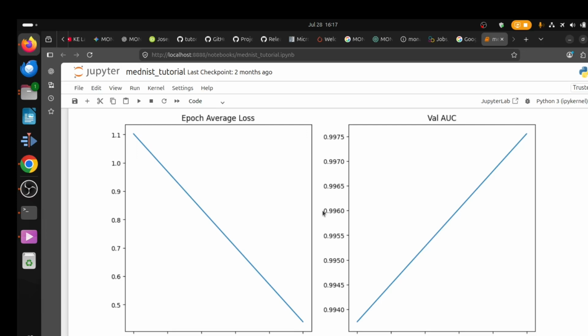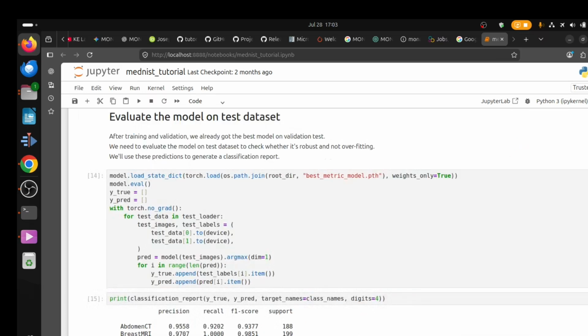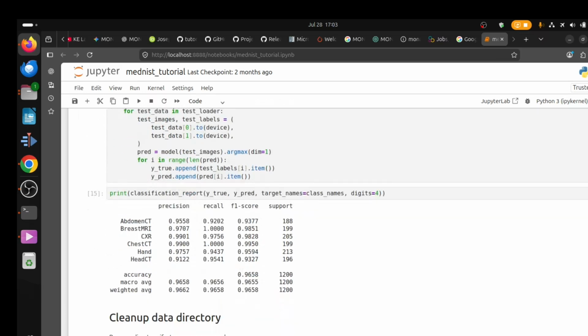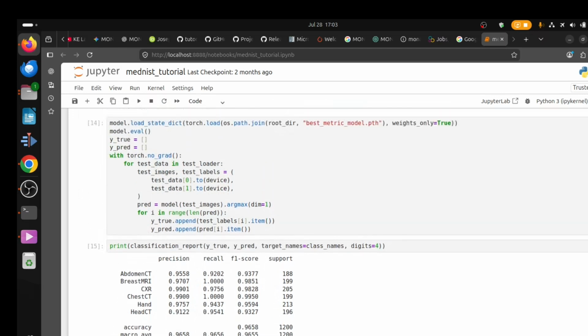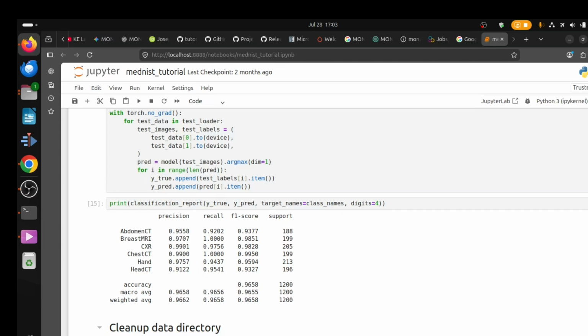The AUC increased to 0.9976 and the accuracy approximately 96.58%. The training completed with a best AUC of 0.9976 at epoch 2.